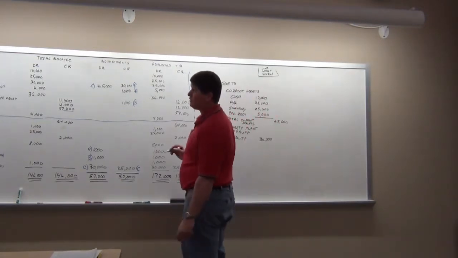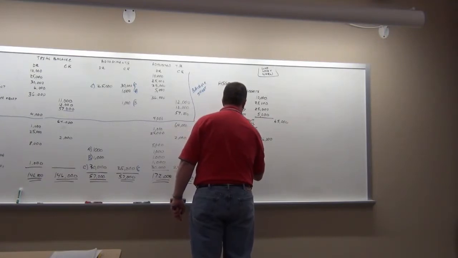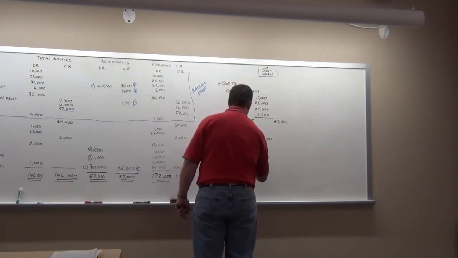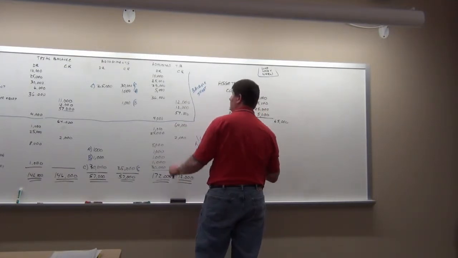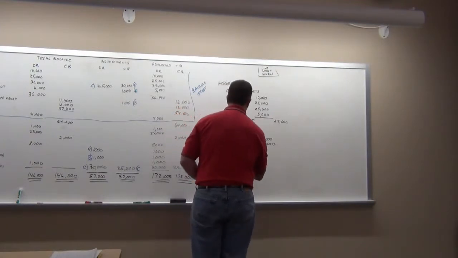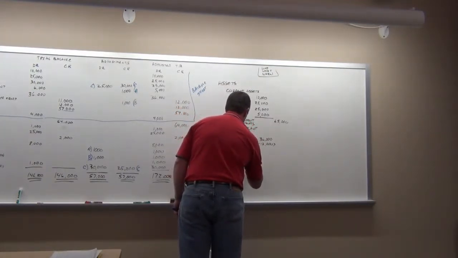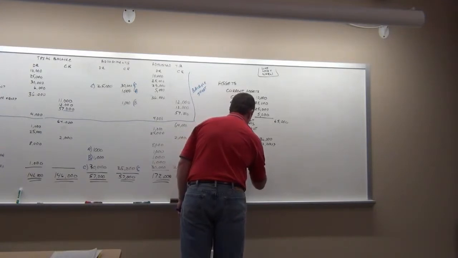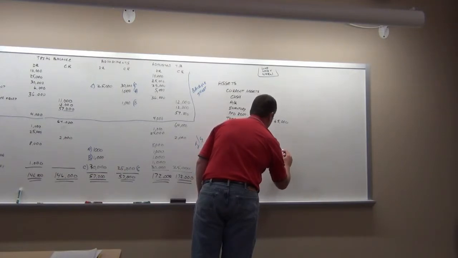And I have accumulated depreciation on that of $12,000 here. Add those together, you get net equipment of $24,000.